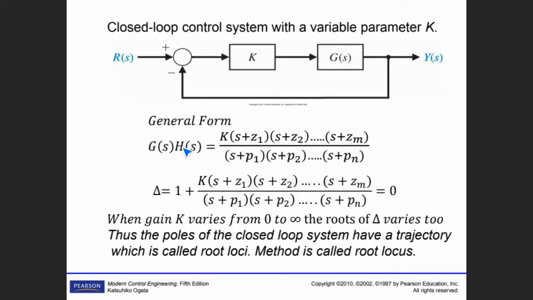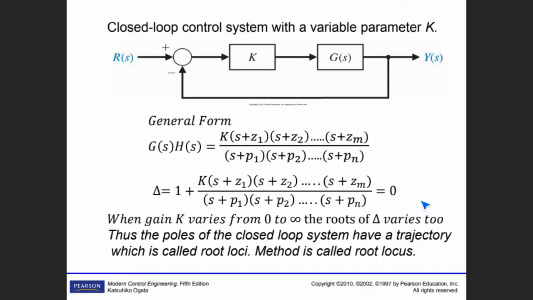Delta is equal to 1 plus G(s)H(s). 1 plus that one should be 0. Of course, if the pole is without satisfying those equations, that is wrong. So your poles and zeros should satisfy those equations. That means 1 plus K times zeros divided by poles should be 0.